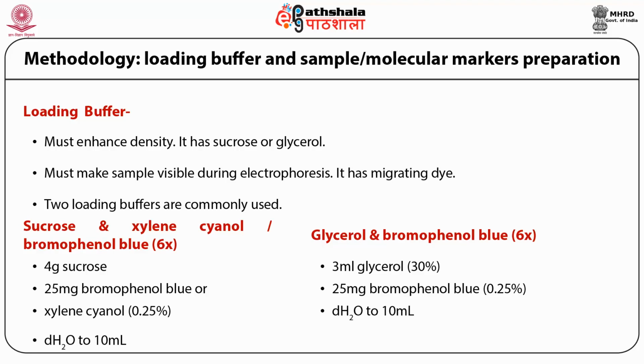High ionic strength of loading buffer causes bands to be fuzzy and results in migration of DNA at unpredictable rates. Alkaline loading buffer is used for alkaline gel electrophoresis.